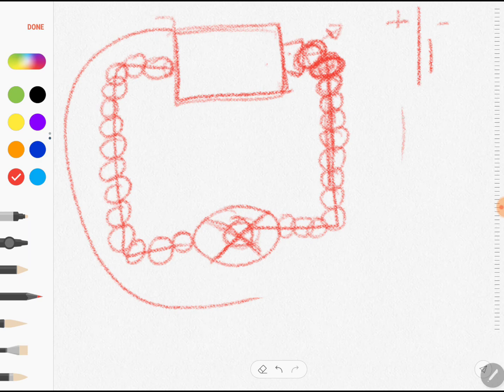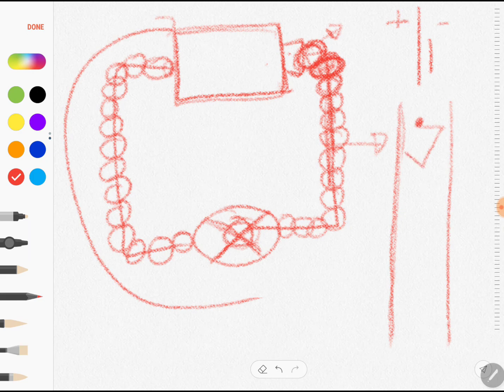For example, let's zoom into this wire. What happens inside the wire? Inside the wire, a charge carrier moves very slowly in a zigzag, random way.